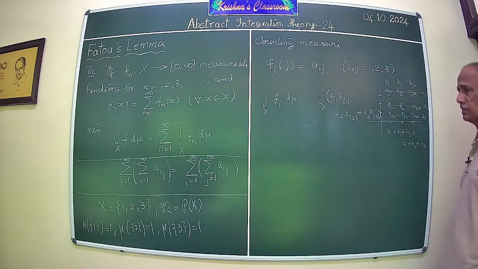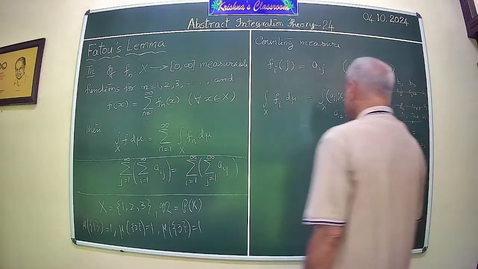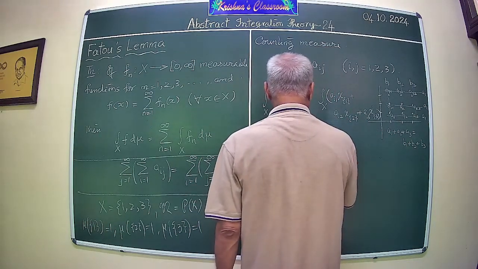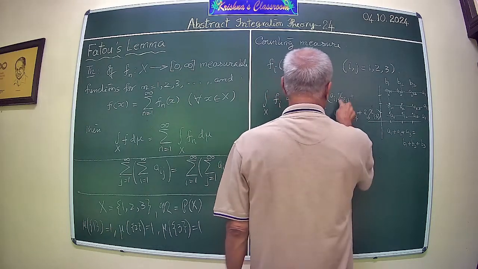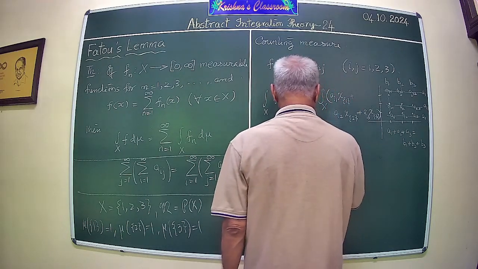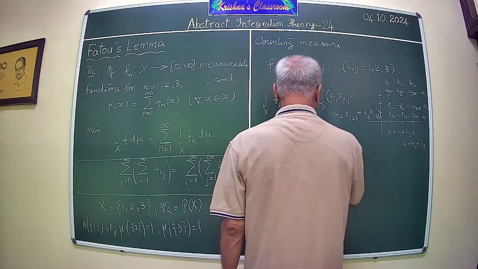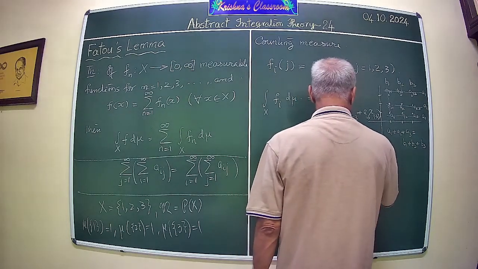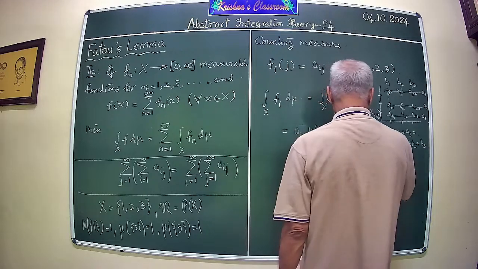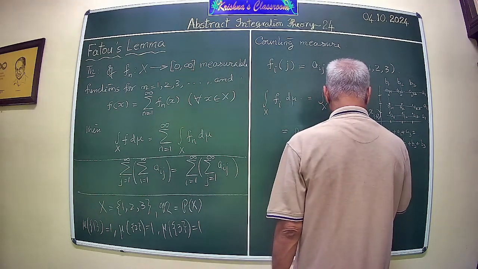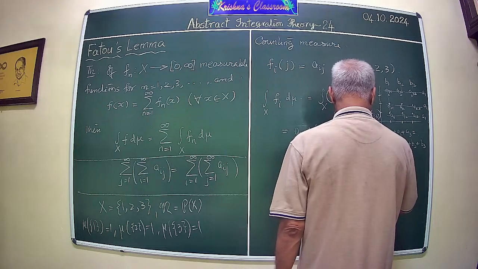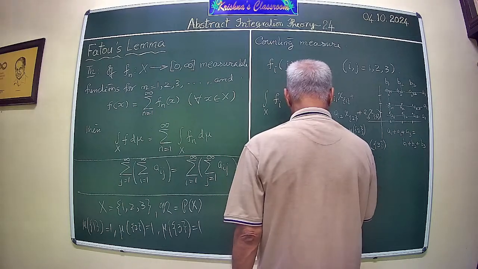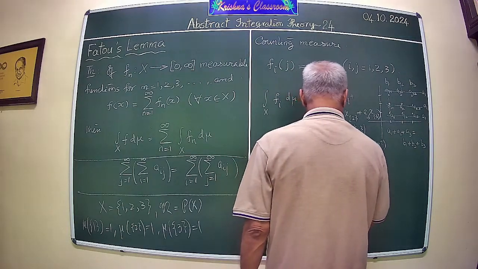Now you know that this is a simple function, and the integral with respect to counting measure is going to be Ai1 times the measure of this, mu of {1}, and so on.